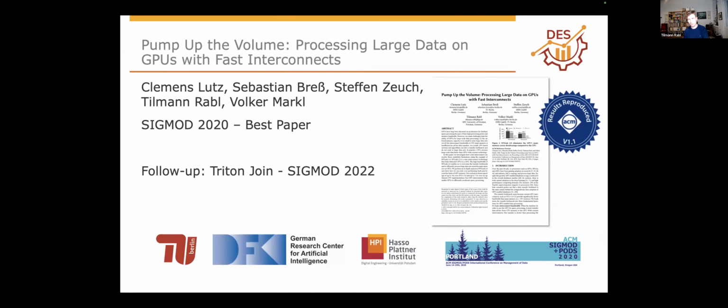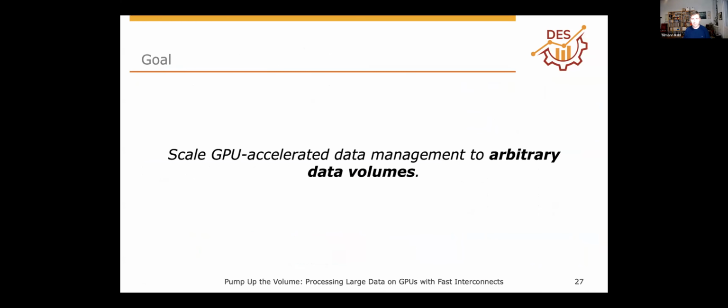New generations of GPU have this really high interconnect. So we're using the super fast interconnect between the CPU and the GPU to get scalable and efficient processing across CPU and GPU. The idea is that we scale GPU data management to arbitrary data volumes.